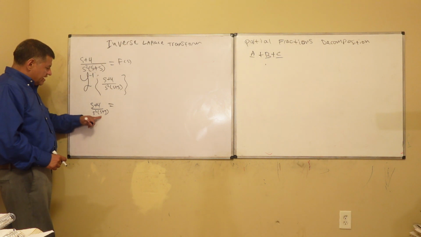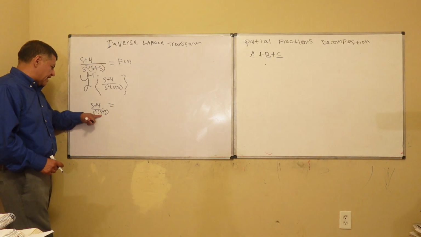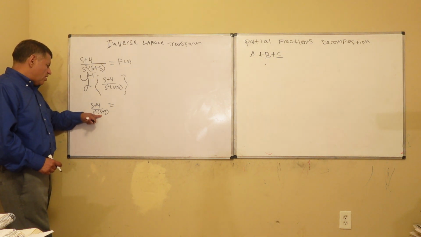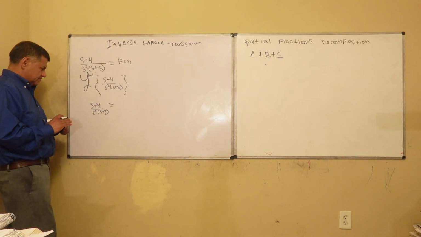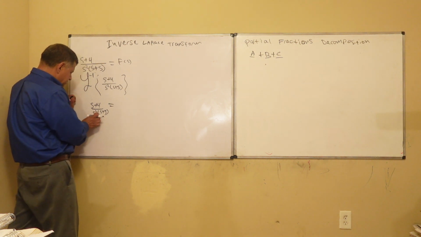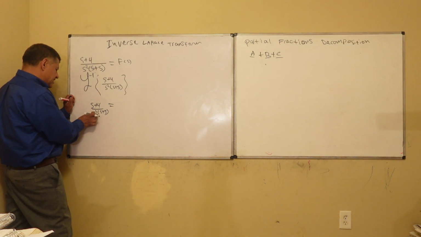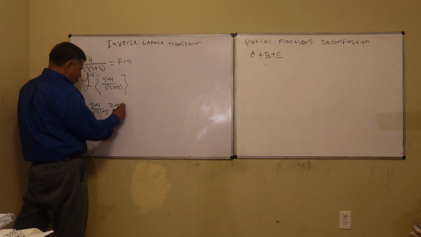So what we do is, if we have a square in the bottom multiplying another factor like that, we add another s. Because we have a cube, we have another s here. So how do we do that?